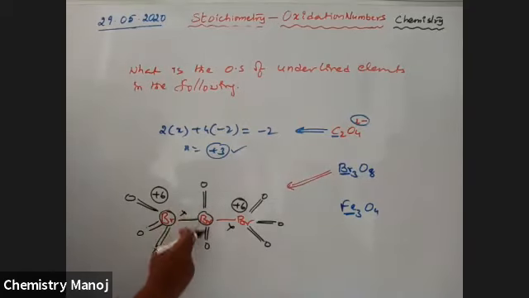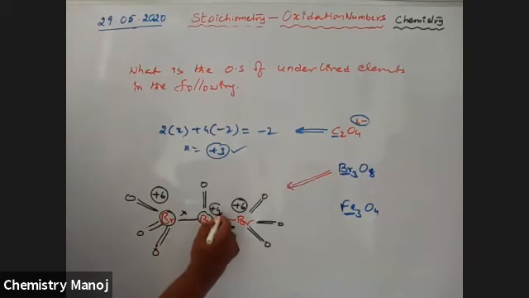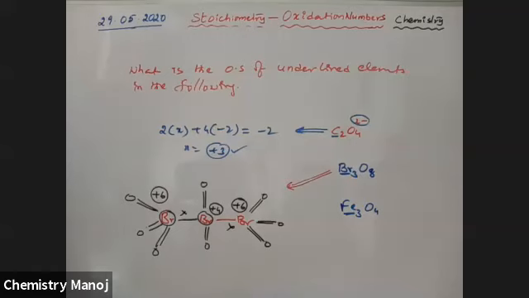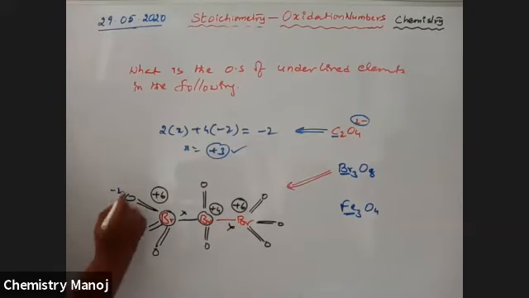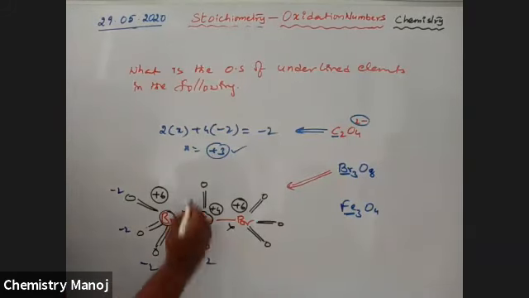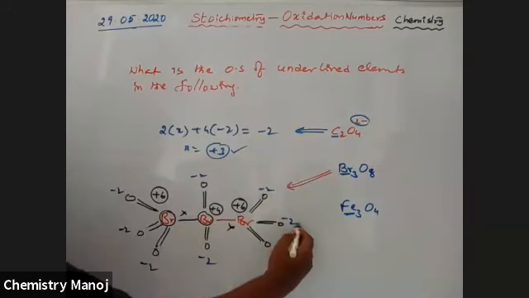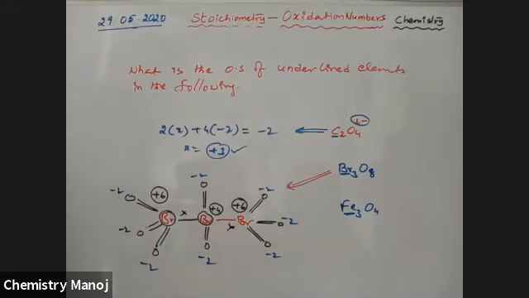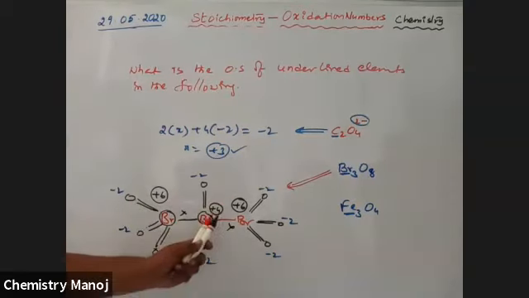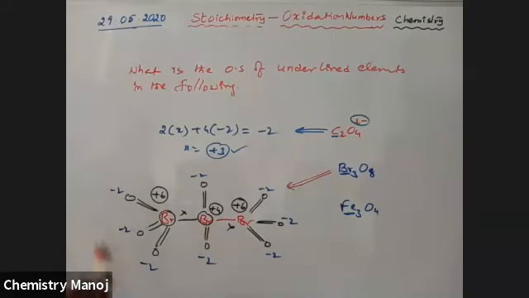So here 2 + 2, that is +4. In all remaining occasions, oxygen is -2. So 8 oxygens, 8 into -2, that is -16. Here +6, +6 and +4, that is +16. Overall the value is 0.